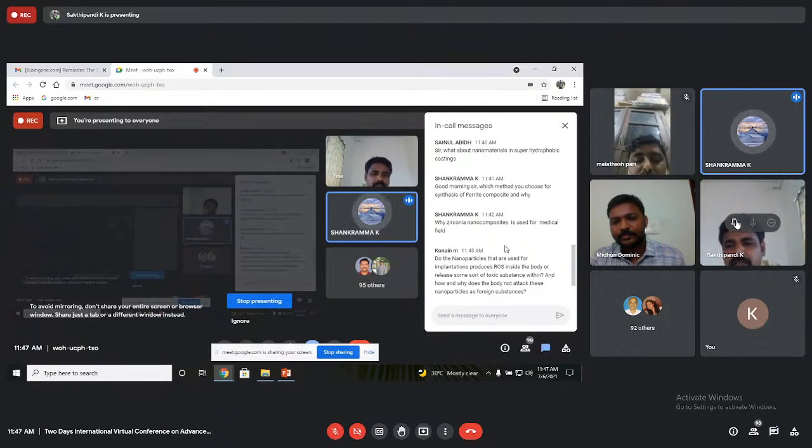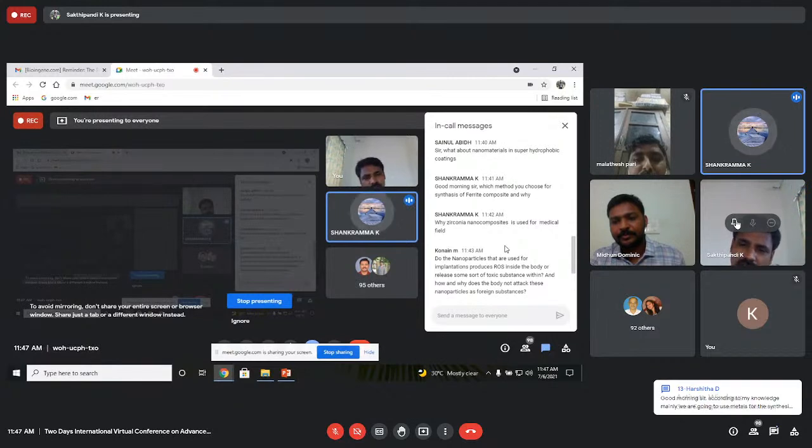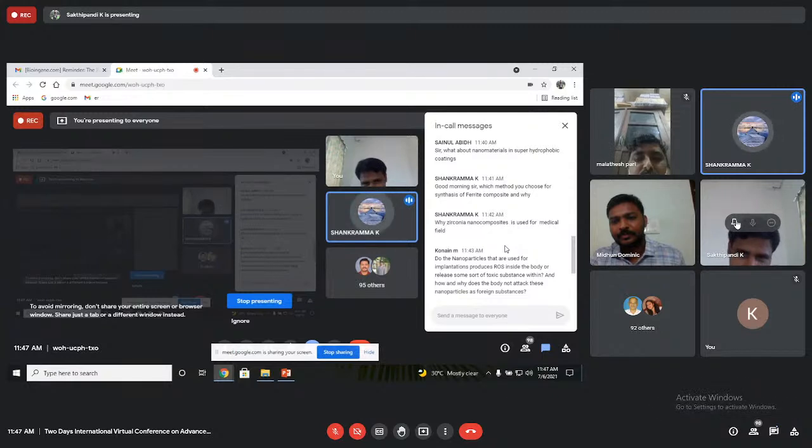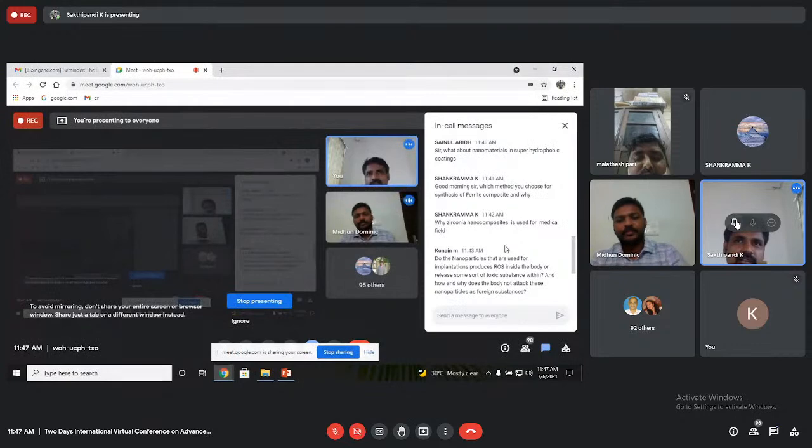So stability as well as the synthesis method, I hope I understand why you choose zirconium nanoparticles. And one more question I asked, sorry, which method do you choose for ferrite nanocomposite? Because I have been exposed to ferrite nanocomposites during my research. That's what I ask. Actually, for the ferrite composite, I preferred using the sol gel method, madam. I have that facility, so I used the sonochemical reaction method.